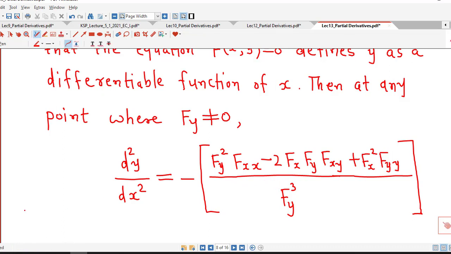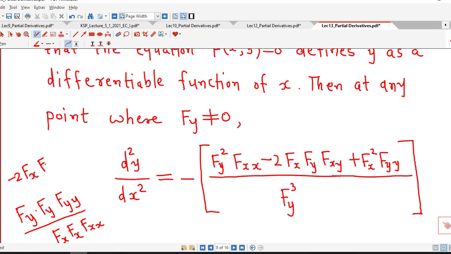Here f_y square means we have f_y into f_y, so we are taking the second order partial derivative with respect to y. So this is the first term. The last term is obtained by replacing y by x in the first term, and the middle term is minus 2 times, where we are taking both the partial derivatives del f by del x and del f by del y.